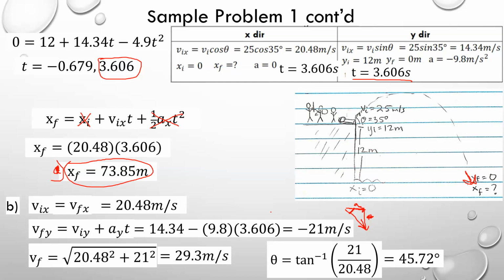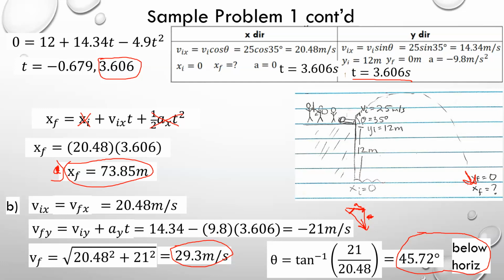And that angle would be 45.72 degrees, and the direction words would be below the horizontal. So the entire answer for part B would be those two things I just circled.